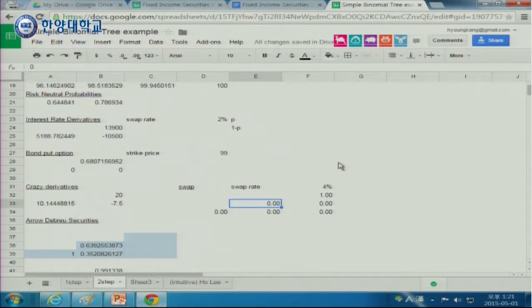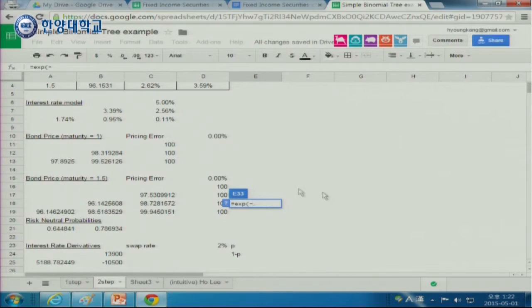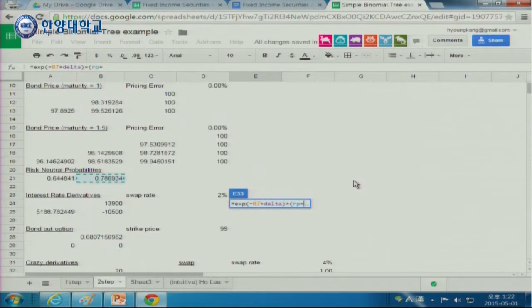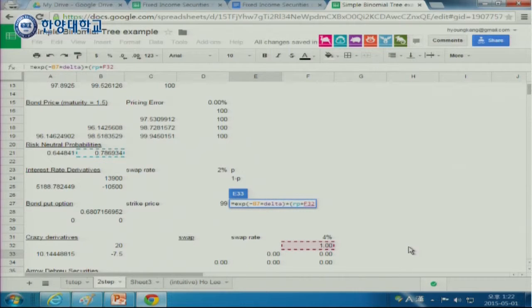Okay. Obviously, there's something wrong with this formula. So this one is exp minus this one, and then delta multiplied by RP. What is RP? Yes, RP. RP multiplied by this one plus 1 minus RP multiplied by this one.